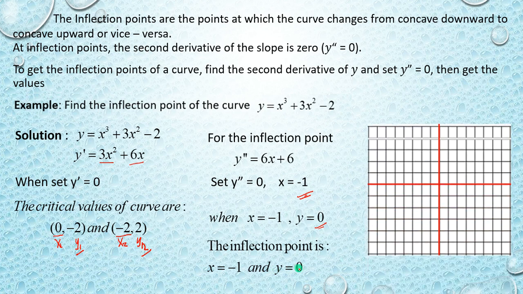If we use those values for the curve, first we use the critical values. What are the critical values? The 0 and negative 2. So from 0 to negative 2, 0 is the value of x and negative 2 the value of y. Something here.